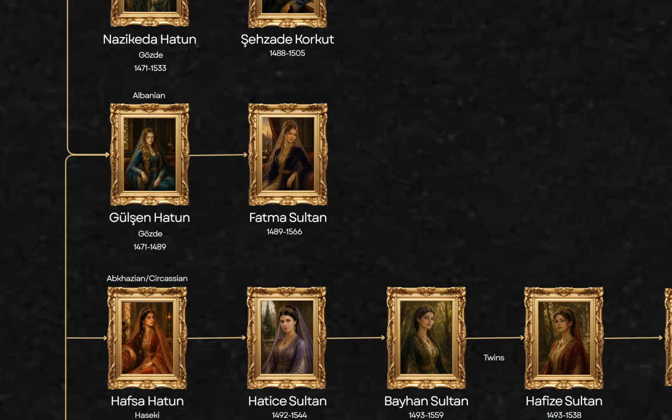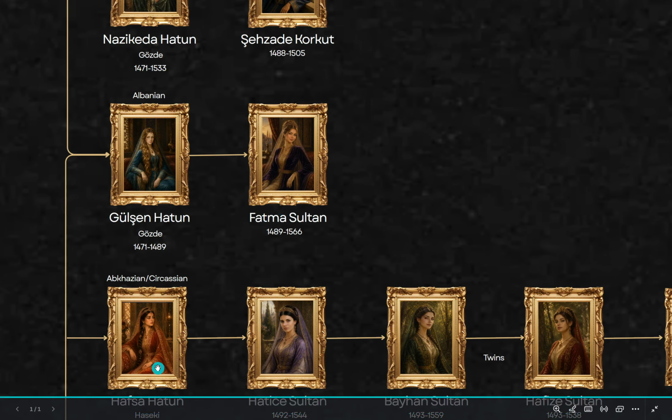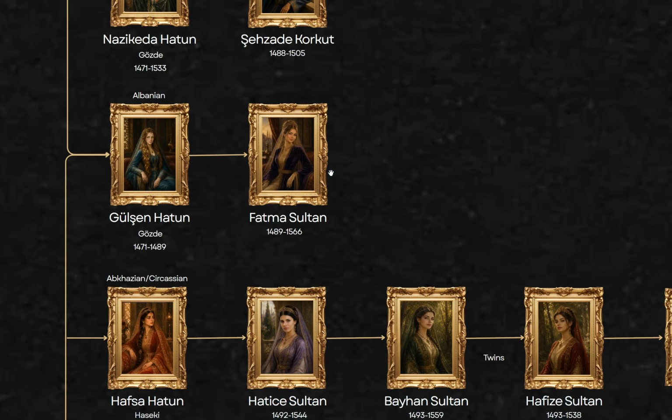What is interesting though is that Fatima and Hafsa had a very close kind of mother daughter relationship. So, this is probably why many people assumed Hafsa was her mother, especially people who don't understand Islamic culture about fostering, or at least the way we see fostering or practice it, especially in antiquity.